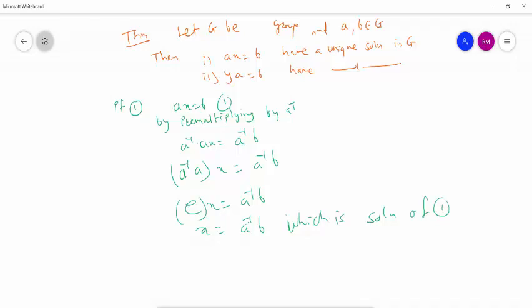In the first problem there are two parts. The first part is to find the existence of a solution of this equation, which we already studied. The solution exists and can be expressed as a inverse b. Now the remaining part is uniqueness. So how can we prove uniqueness?